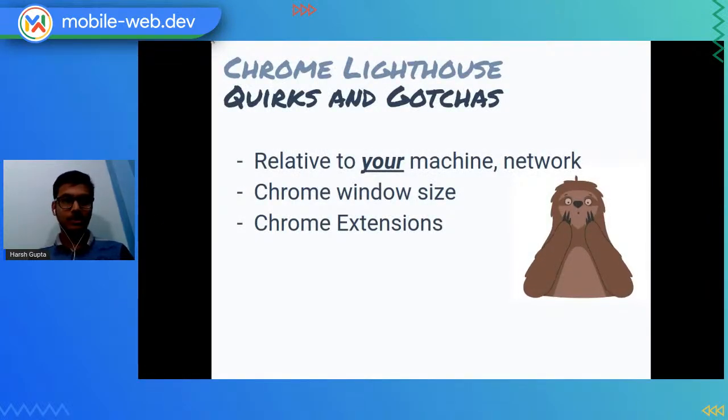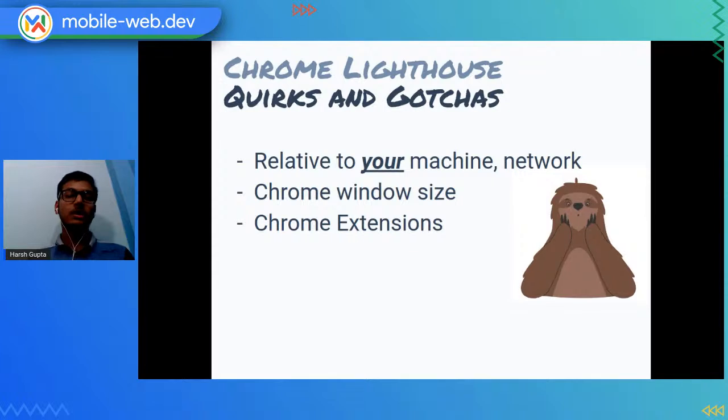Okay, so it is relative to your machine. If we want to test our website, it should be on the user's machine. How can we get this data, because if I'm experimenting with my website on my machine, it could behave differently on another machine?